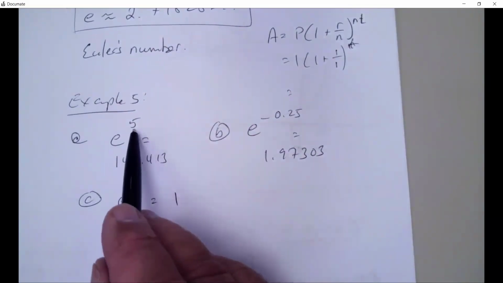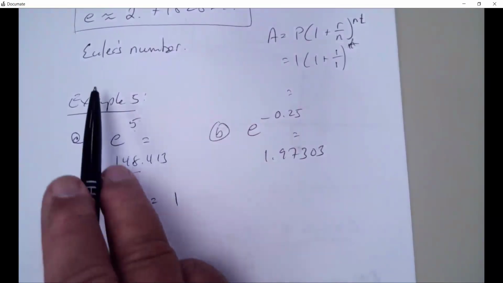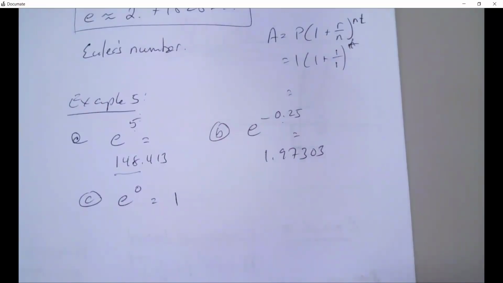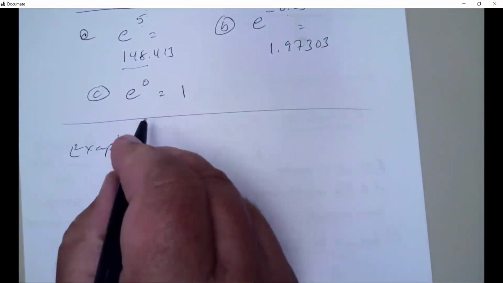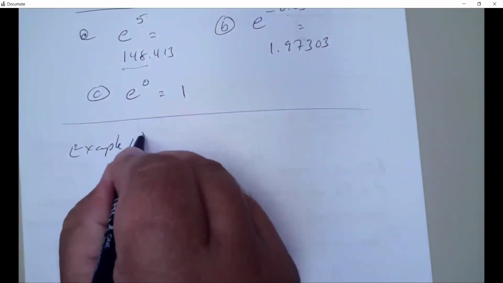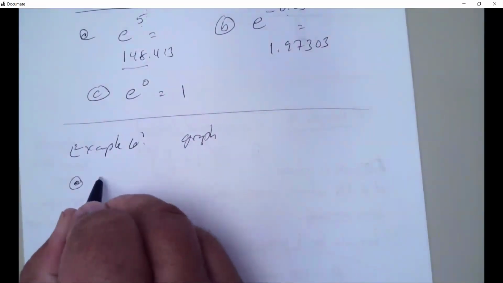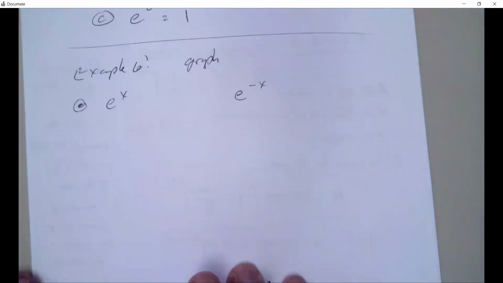So you see what's happening. If the exponent is positive, the number gets bigger. If it's negative, it gets smaller. So look at the graphs. That's the last thing we're going to do here today. Graph e to the x and e to the power negative x.